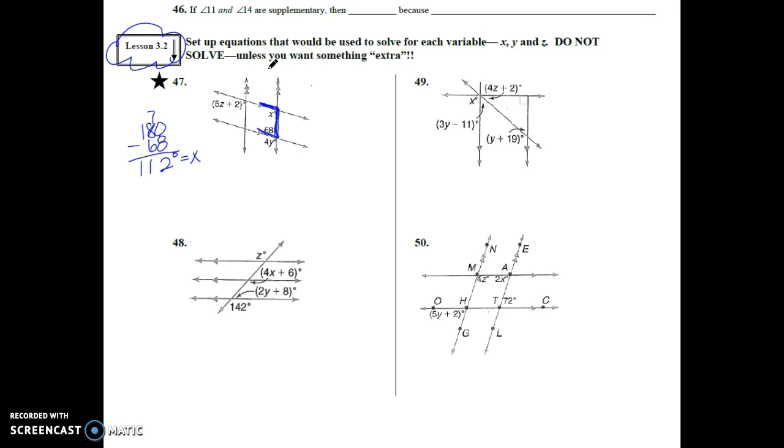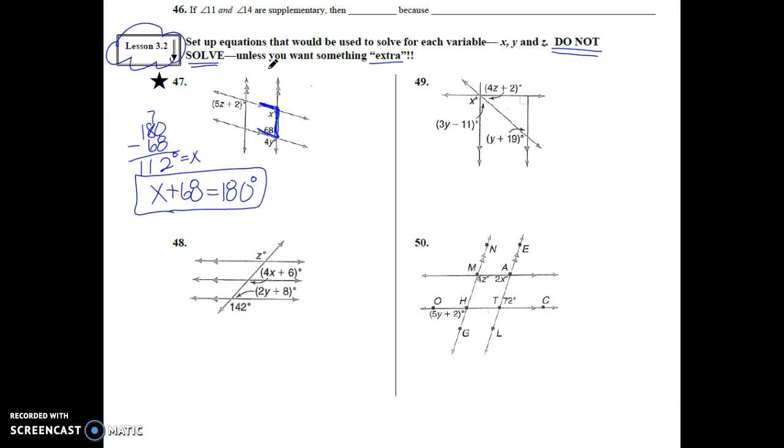If you go back and look at the directions, it does say that you do not actually need to solve those. So it would be okay to just write x plus 68 equals 180 degrees and stop right there. It's not necessary to do the extra if you don't want.